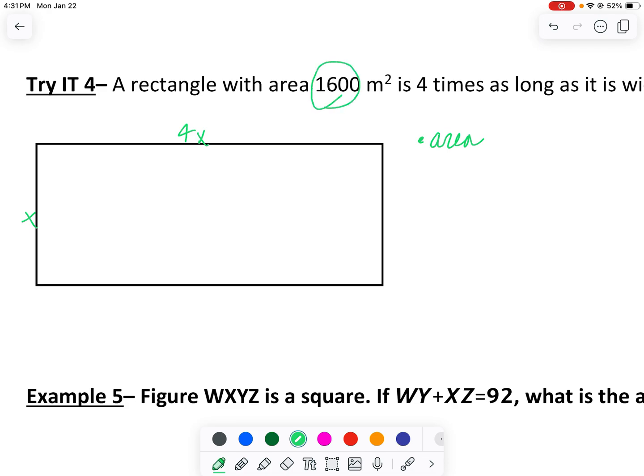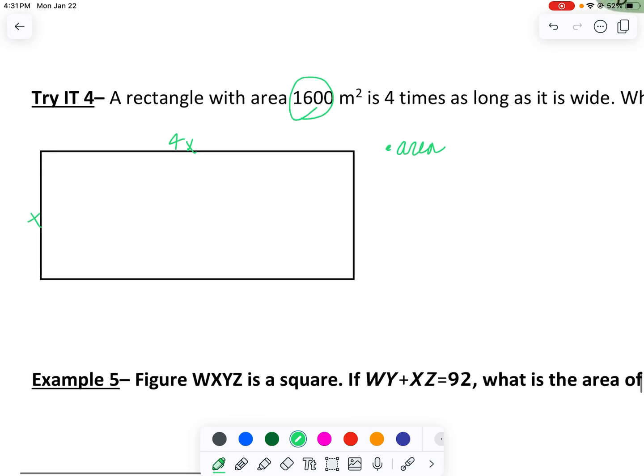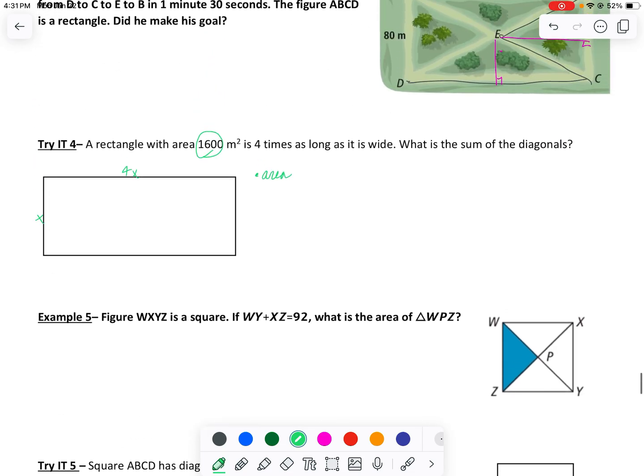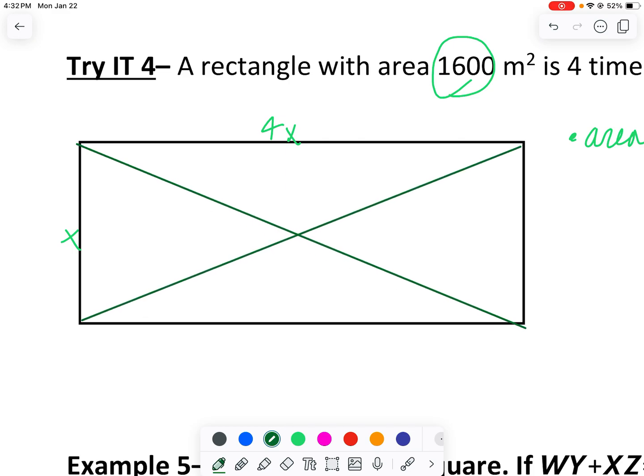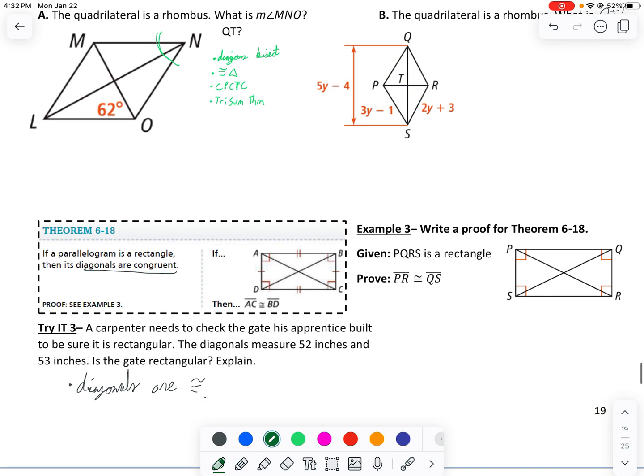Knowing that it's 4 times longer, do some multiplication and find the measurements. Then use that to get the sum of the diagonals, because this problem doesn't say just get the diagonals, it says get the sum of the diagonals.